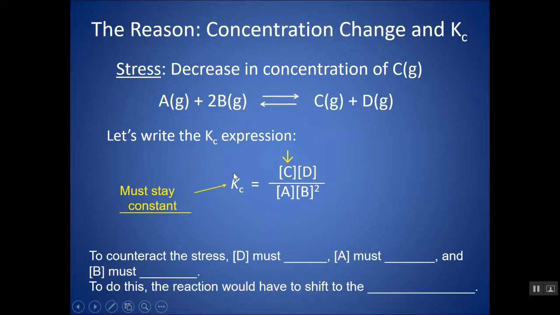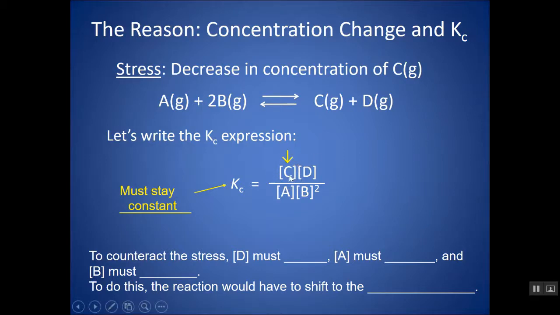Kc is a constant as long as the temperature is not changing, because we said temperature can change Kc. K is constant. In order to be at equilibrium, I need this set ratio, C times D over A times B squared, to be constant. If it's not this right value, then I'm not at equilibrium. To be at equilibrium, I need Kc to be constant.